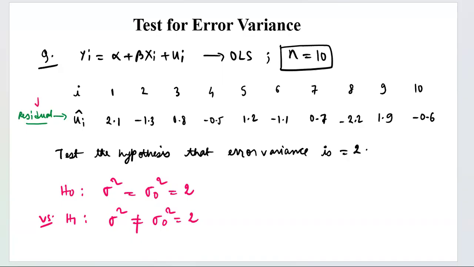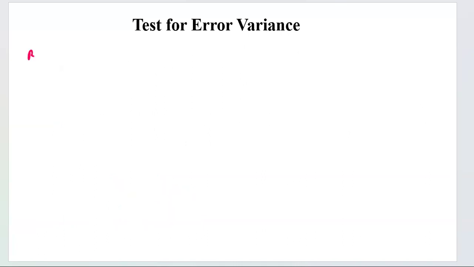Now, since the residual is given to you, you can find out the residual sum of square, that is the RSS. What will be RSS? RSS will be simply summation ui cap square, i from 1 to 10.